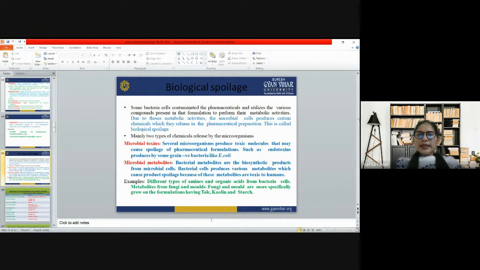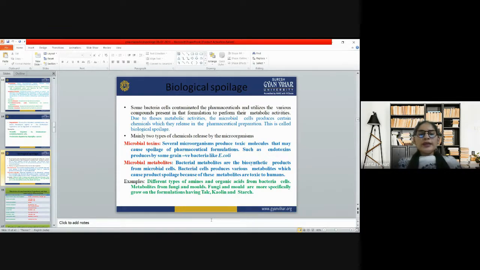Mainly there are two types of chemicals released by the microorganism. The first one is microbial toxin. Several microorganisms produce toxic molecules that may cause spoilage of pharmaceutical formulations, such as endotoxin produced by some gram-negative bacteria like E. coli.